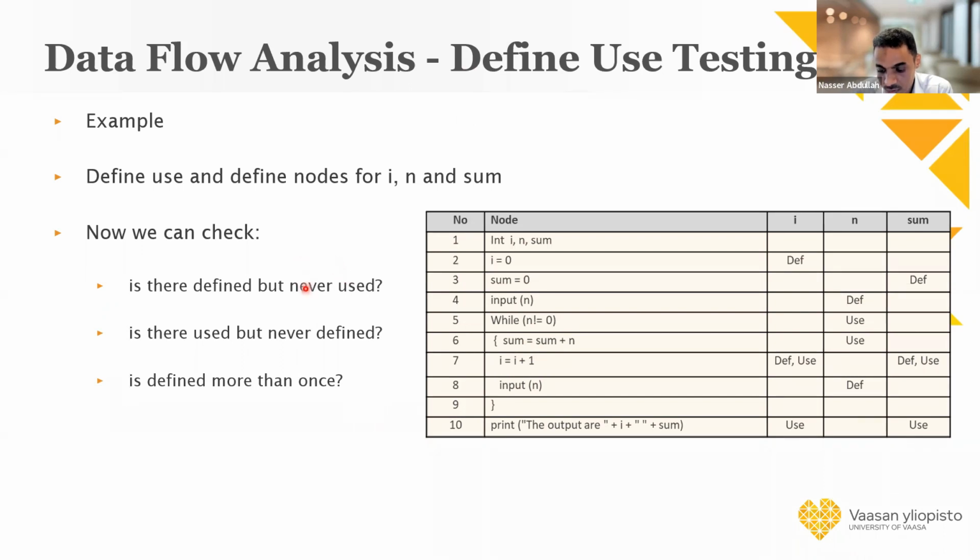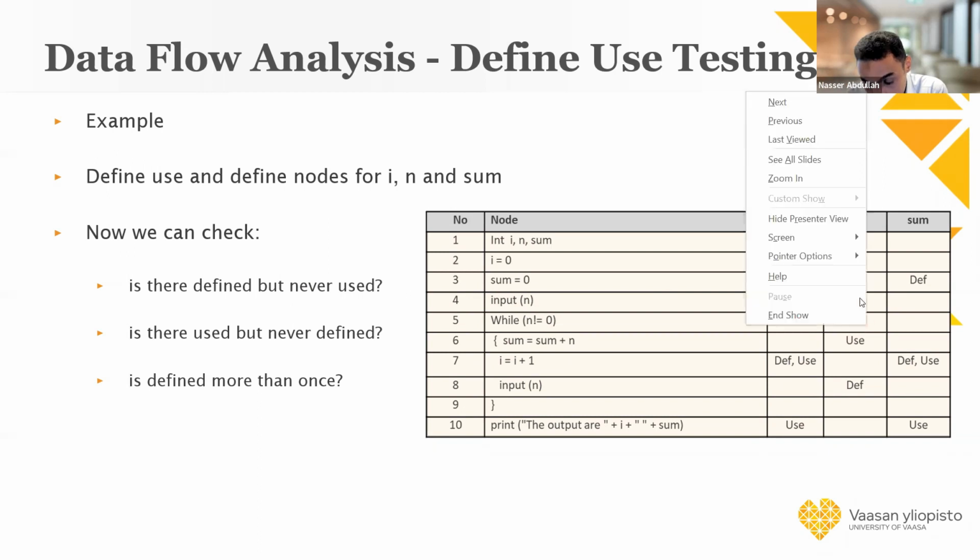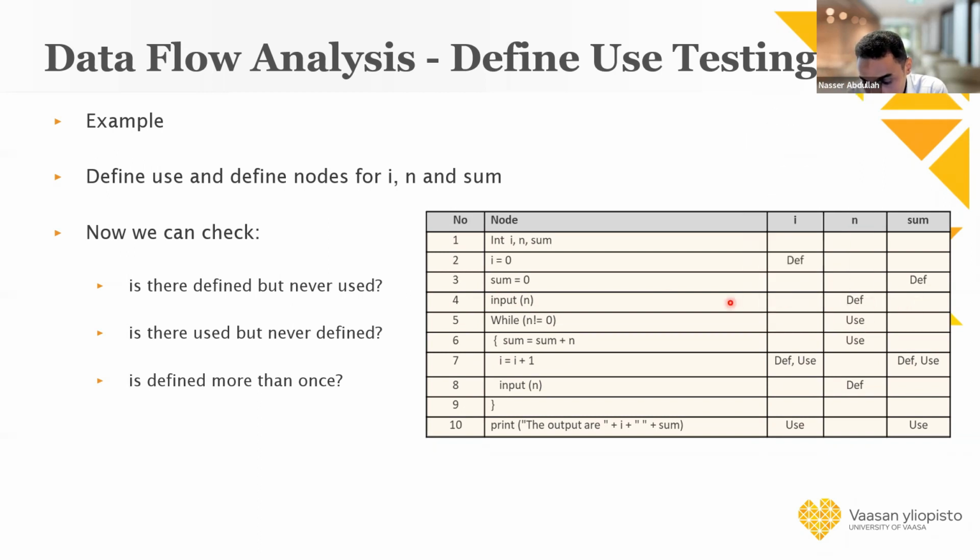How should it be improved? I just say, how can we improve? For example, let's say the input sentence is not there. Then you come to check the flow of n. We have a use here, and we say sentence number 4 does not exist.